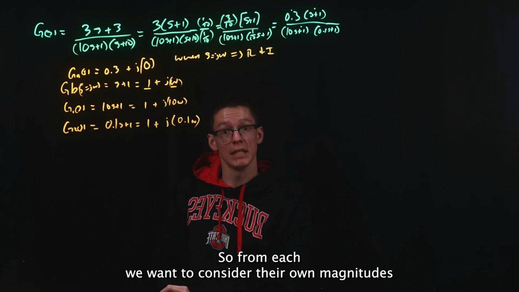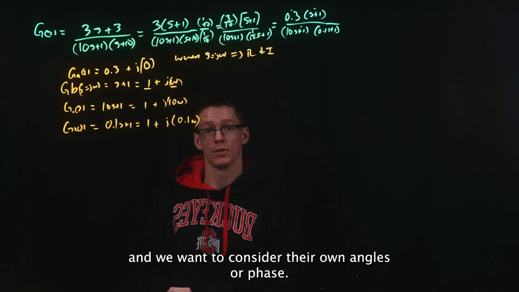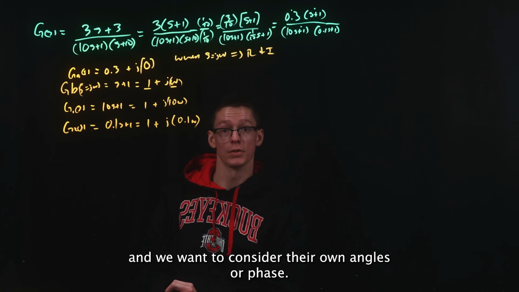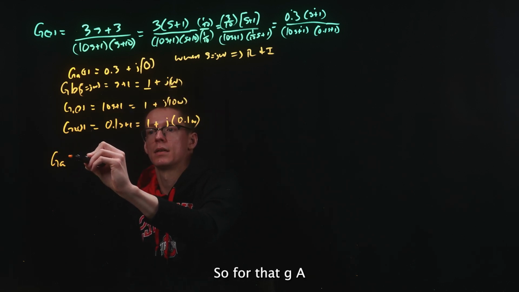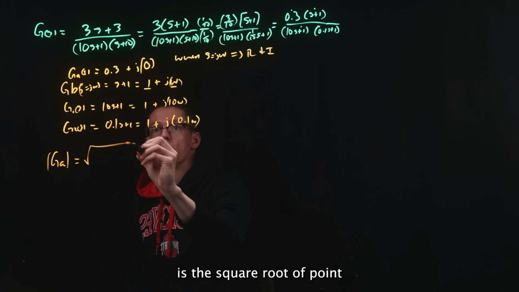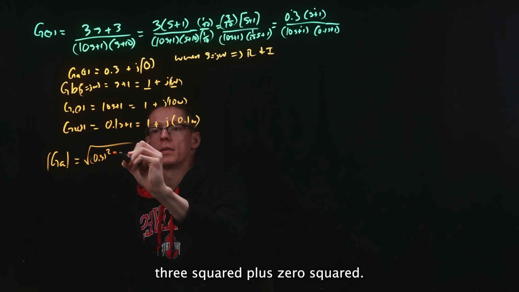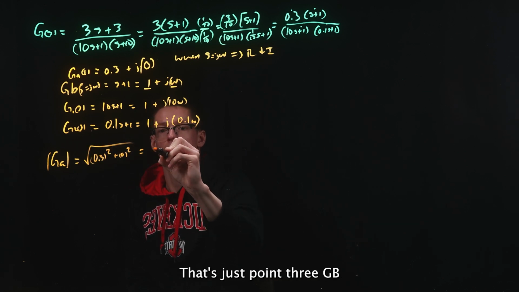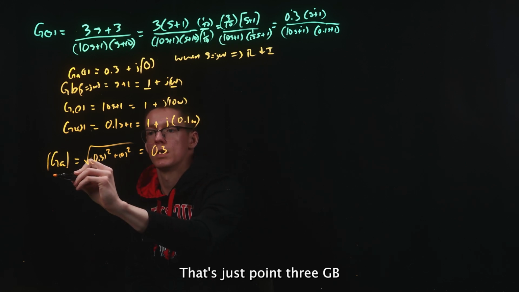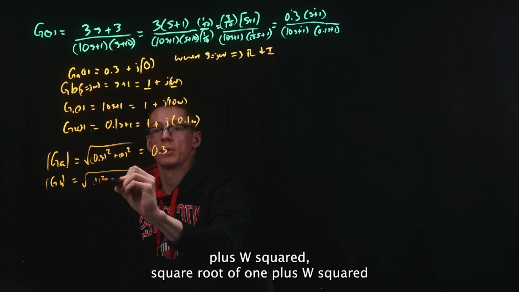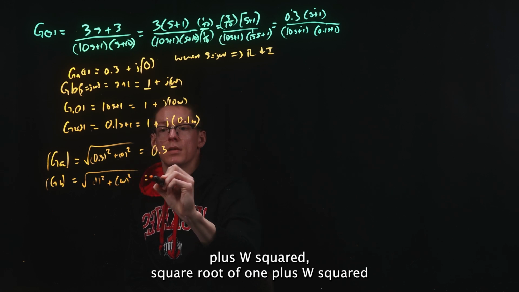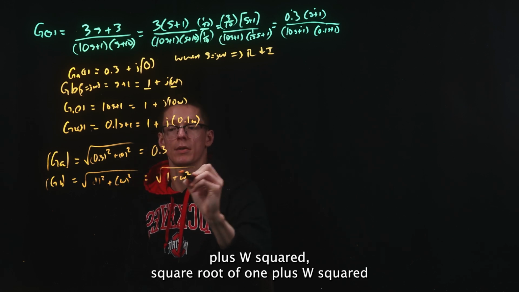So from each, we want to consider their own magnitudes and we want to consider their own angles or phase. So for that, GA is the square root of 0.3 squared plus 0 squared. That's just 0.3. GB, square root of 1 squared plus w squared, square root of 1 plus w squared.